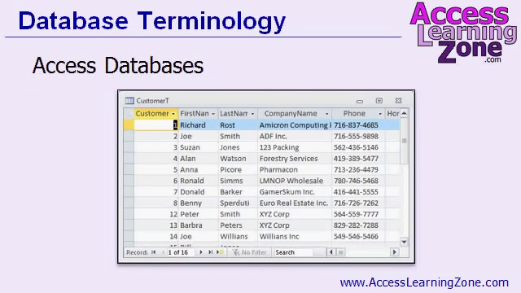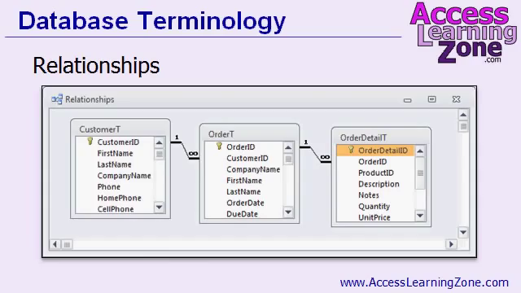This brings us, finally, to the modern database. In my opinion, Microsoft Access is the best desktop database application available. An Access database can store large amounts of data, much more than an Excel spreadsheet or a simple text document. An Access database can recognize relationships between your data.